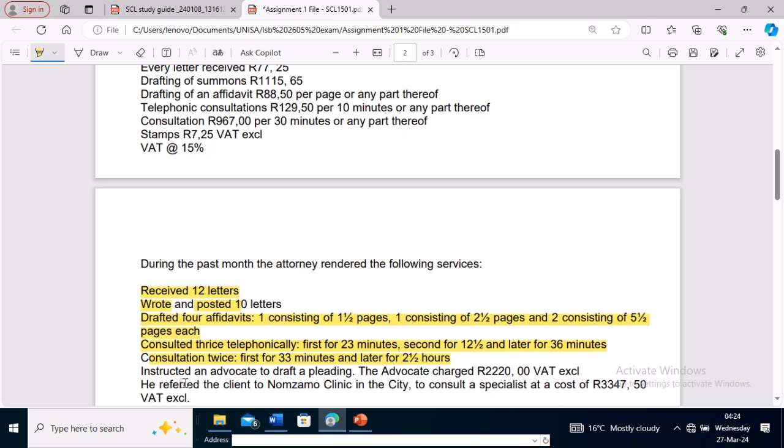So on this one, we are going to write it under the expenses: 2,220 plus 15% VAT. Please make sure that once you enter the 15, you include the percentage sign.